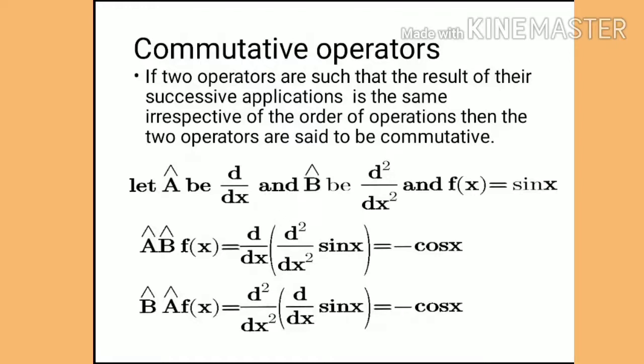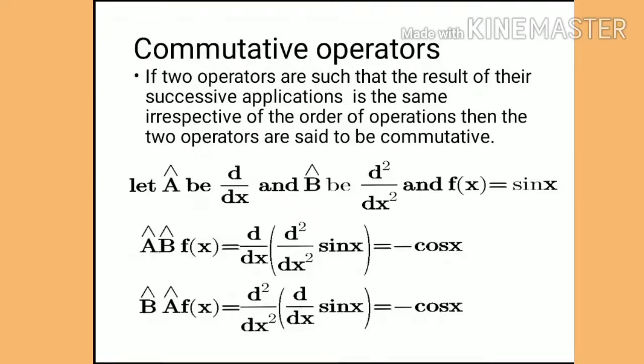So if we double differentiate sin x, we get minus sin x, and then we again differentiate, then we get minus cos x. So the value we get is equal to minus cos x.